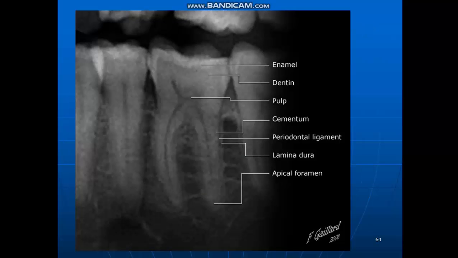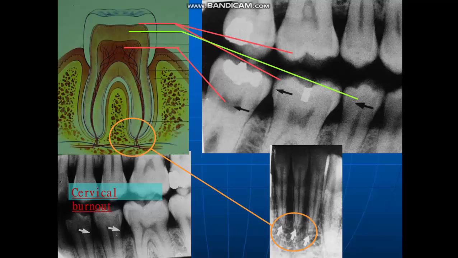In this picture you can see tooth X-ray anatomy. As you can see here, enamel, dentin, cementum appear as shadow, as high, because the density is high, but the pulp cavity appears as translucent, as dark areas, dark points.